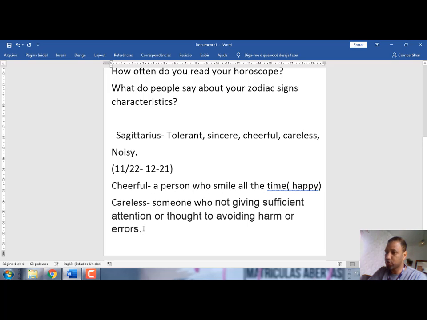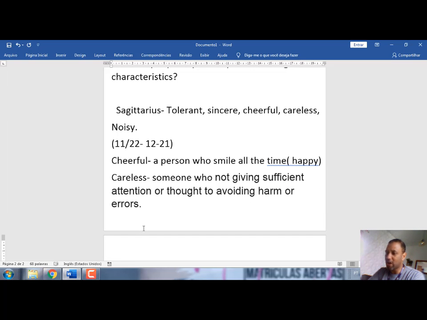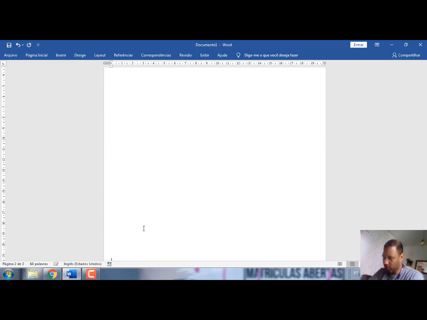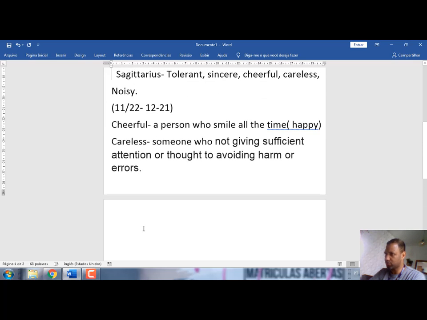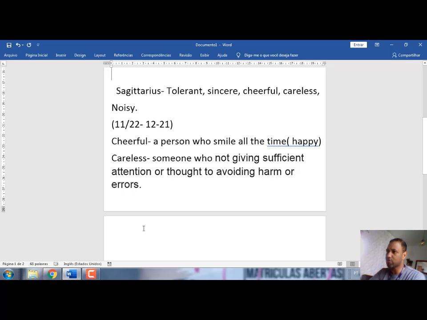So noise é barulho. Noisy, barulhento. Alright? Okay, so if you know someone, guys, who is like this, probably according to the zodiac sign horoscopes, he is Sagittarius. Do you know someone who is tolerant, sincere, cheerful, careless, and noisy? Probably he is Sagittarius. Okay?